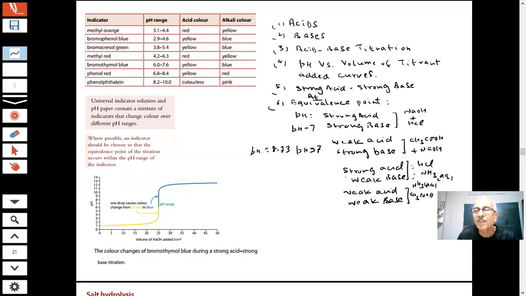What was the pH you are getting for HCl and ammonia? The solution will be acidic, and it has to be less than 7. How much are you getting? 4 point something. What was that value? The pH will be less than 7, students, here. Because the acid is strong, the solution will become acidic. You already have the values with you.